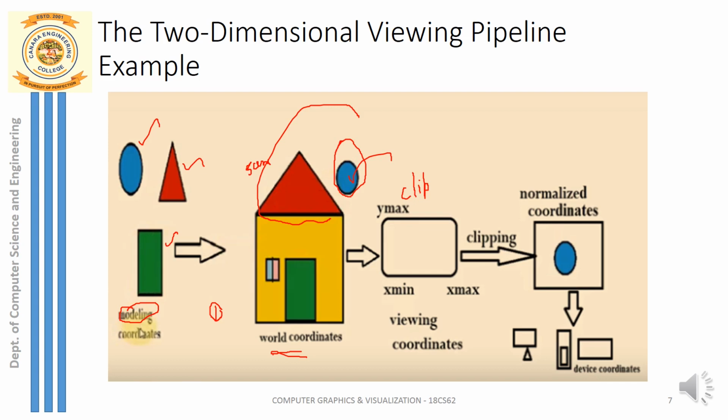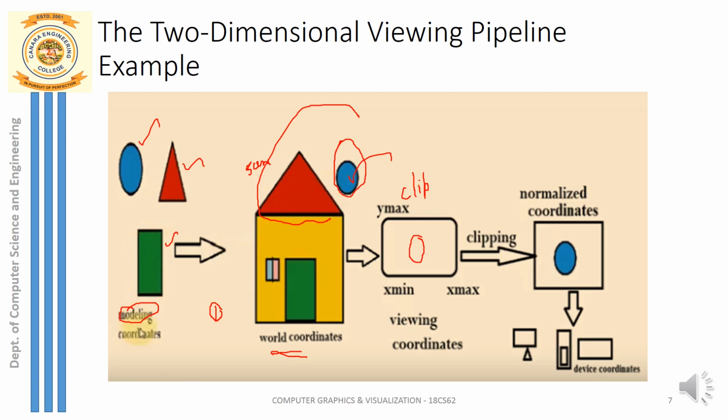So clipping should be done now. That clipping is performed with the help of a clipping rectangle which has a boundary called x minimum, y minimum and x maximum, y maximum. Now you clip this desired portion. The entire object should exist inside this clipping boundary, then only can I generate the image of that.